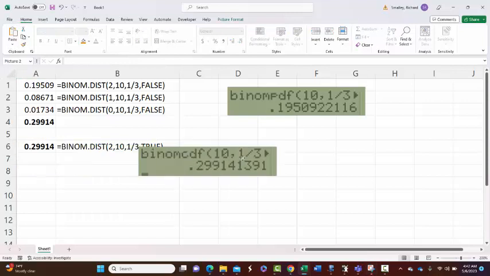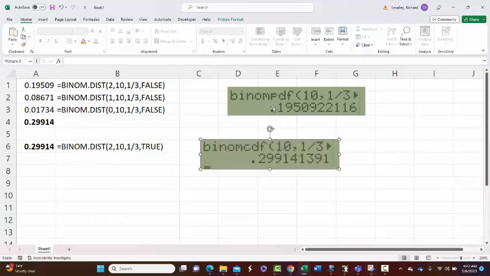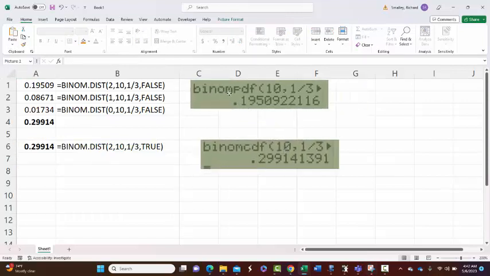So you see this binom CDF command was the same thing as the Excel putting the true in there. That the true is equivalent to the CDF. Now I'm not going to go back and do this, but obviously if I would have done the calculator, I could, you could do that and check yourself if you want to.